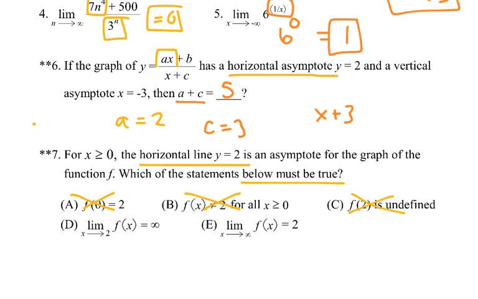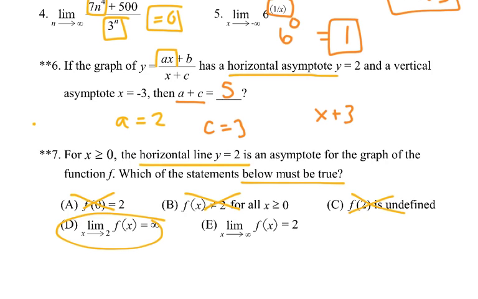D, the limit as x approaches 2 equals infinity. Now this would be a vertical asymptote situation because we're approaching a finite value for x, and we'd be looking at a vertical line at x equals 2, but we're looking for a horizontal line. So D does not necessarily have to be true either. And if we look at the last one, the limit as x approaches infinity is 2.